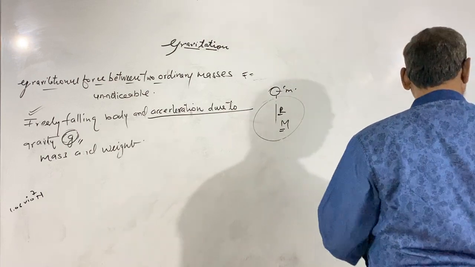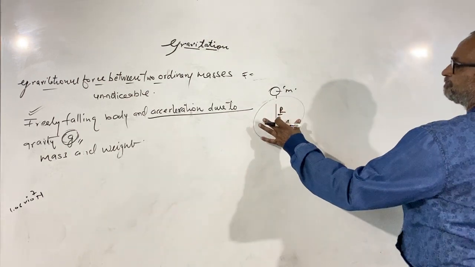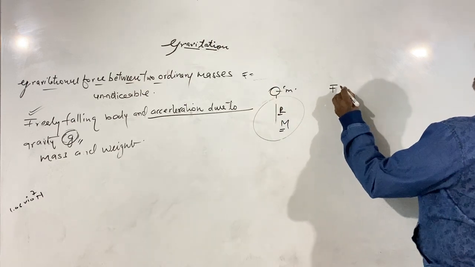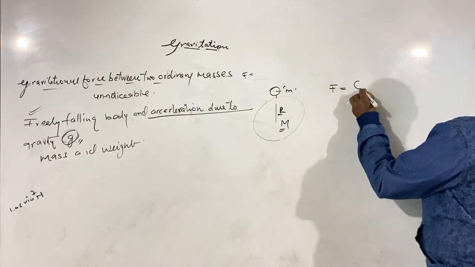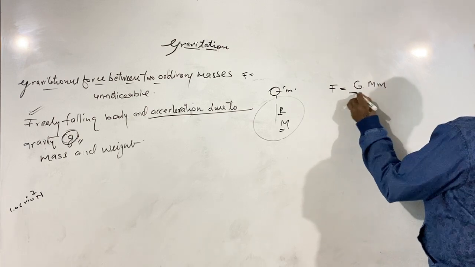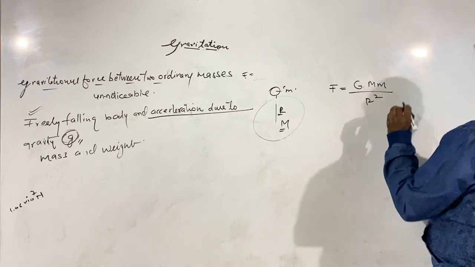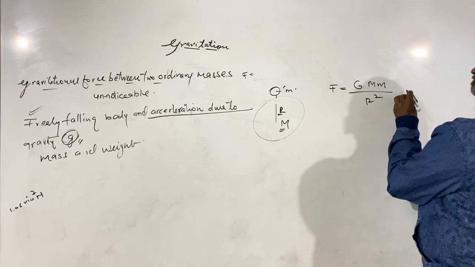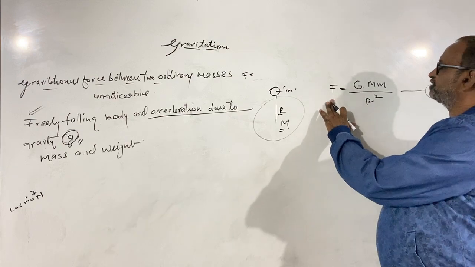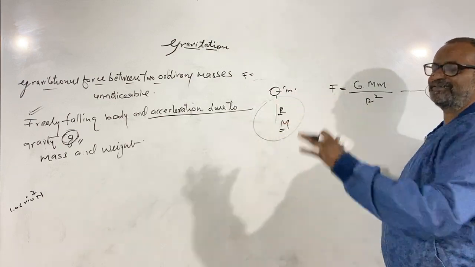So the gravitational force between the earth and the body is given by the relation F is equal to G M m over R square. So this is the gravitational force between the body and the earth.